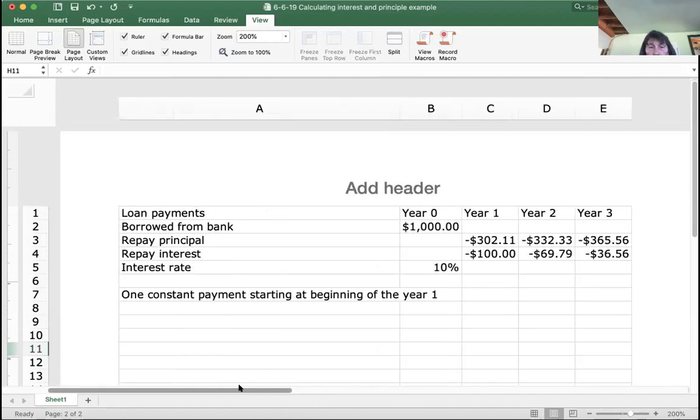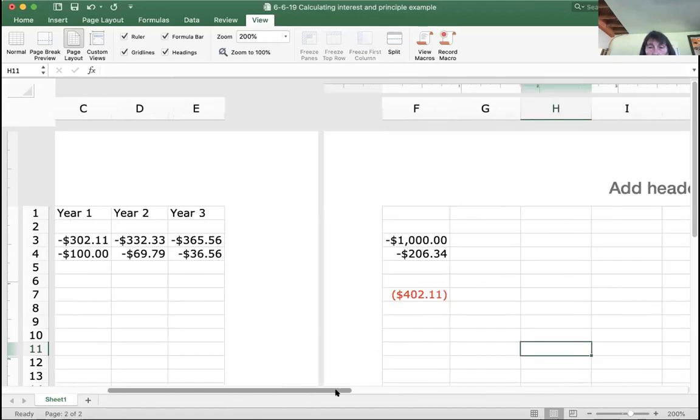So you want to borrow $1,000 from the bank. Here's your interest rate. Here's your loan payments. So we can actually use these finance formulas to help us figure out what are the principal, what is the interest, and what are these actual payments. So let's look at what that looks like.